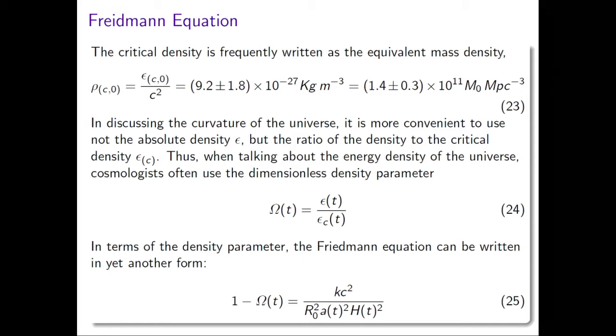And one thing is that when we talk about the energy density of the universe, since it is obviously varying with time, we try to give it in terms of a ratio. We name this ratio the density parameter. Basically it is the energy density divided by the critical energy density.